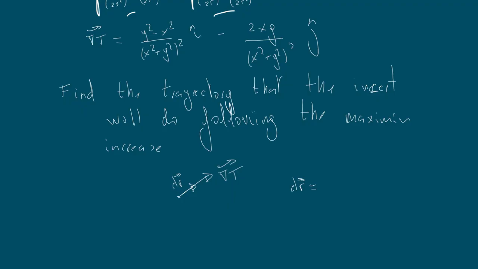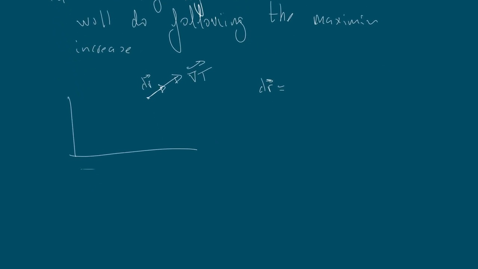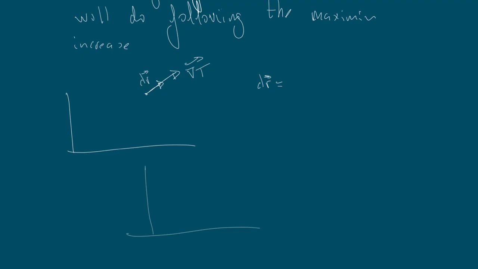So to make this parallelism of the change in the position of the insect, you see, this is the insect. This is the R initial. This is the gradient. And I want the insect to follow the gradient.